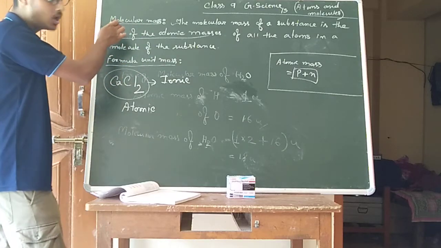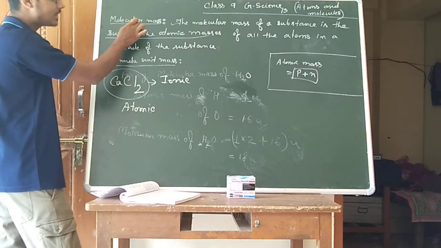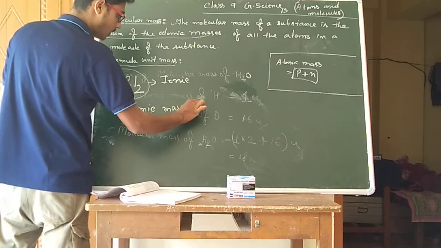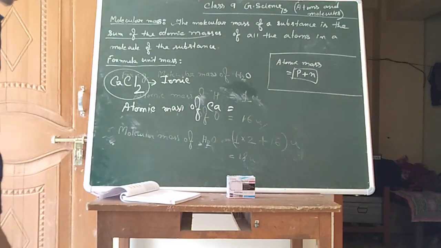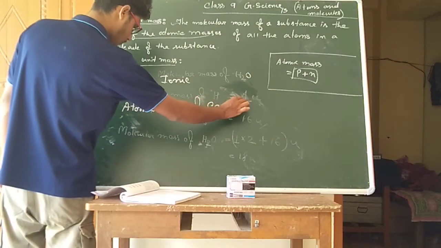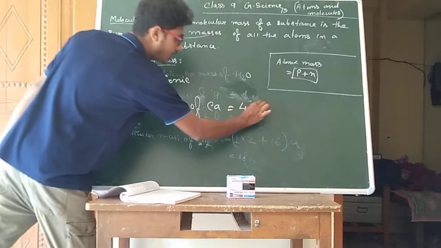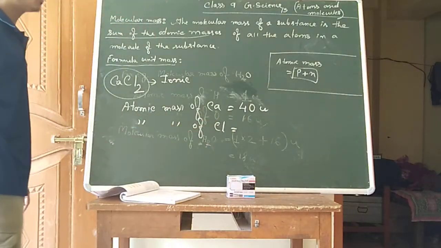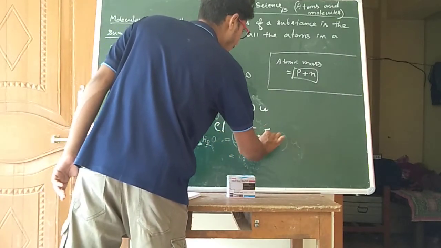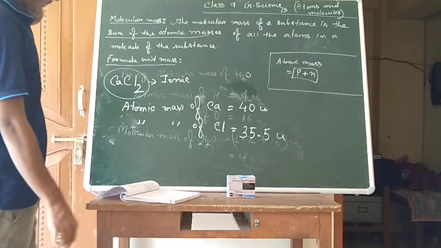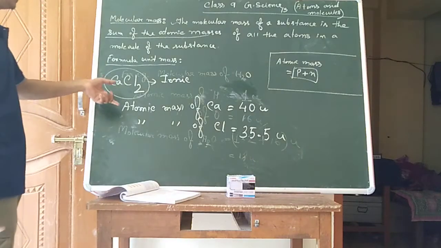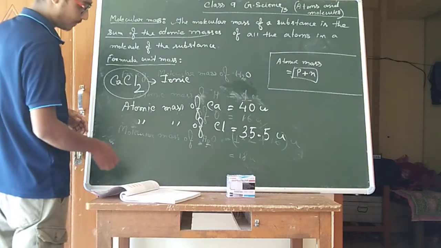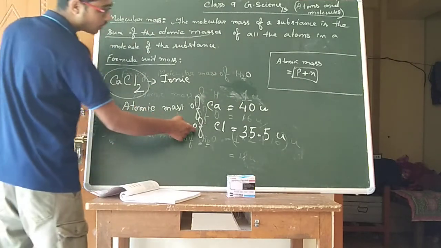I told you these two terms are the same, but one is used for non-ionic compounds and the other for ionic compounds. The atomic mass of calcium is 40 atomic mass unit. The atomic mass of chlorine is 35.5 U. We will study atomic mass and how to calculate it in the next chapter, structure of the atom.